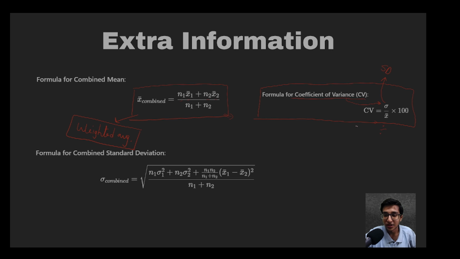Now again, if two data sets has been provided to you and you've calculated the standard deviation of one, now you have to calculate the standard deviation of combined data sets. So this is the formula for that. Again, an important formula that you need to remember.